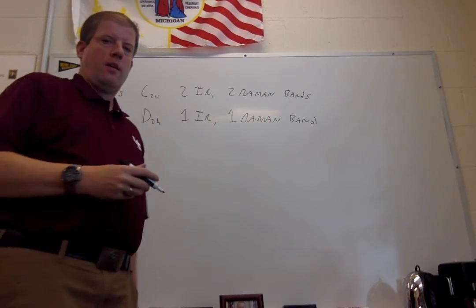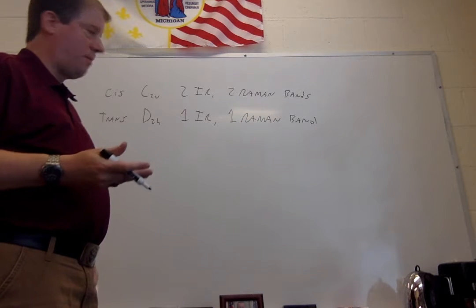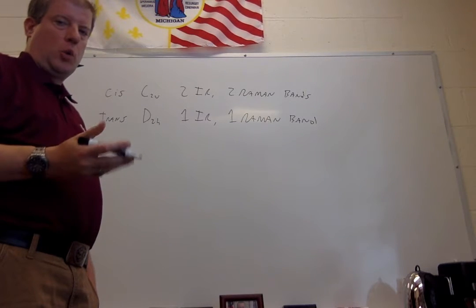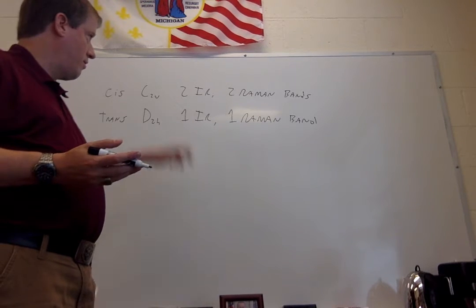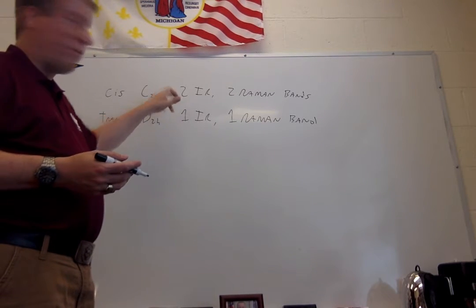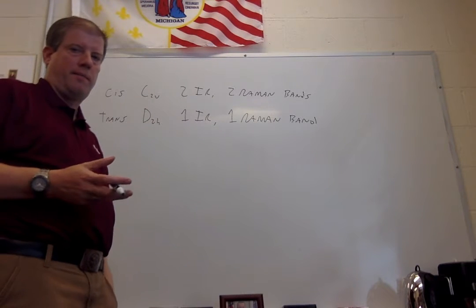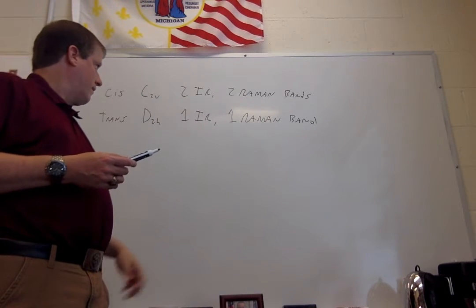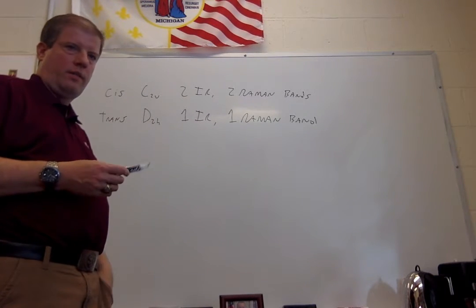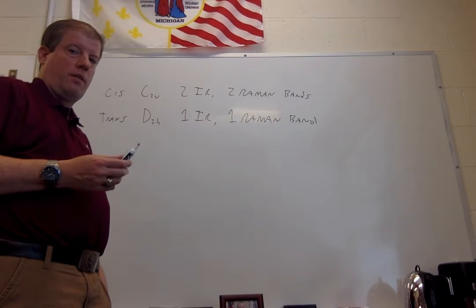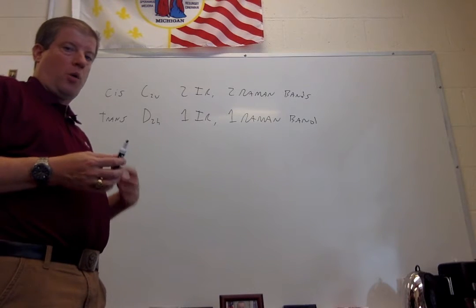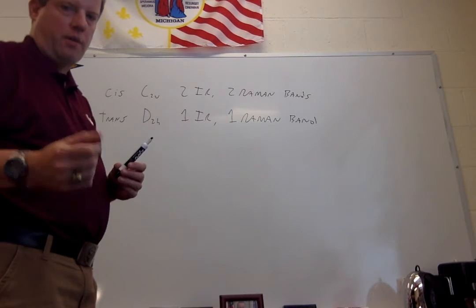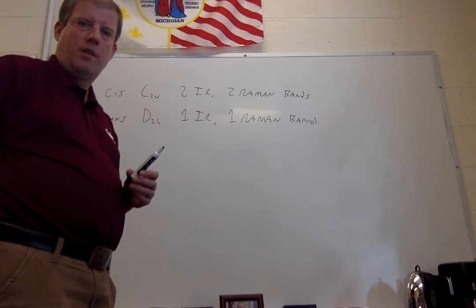So, by either type of spectroscopy, you could tell these two apart. In the infrared, you'd see 2 stretching frequencies. You would also see 2 stretching frequencies in the Raman. In the trans one, you'd see 1 band in the IR and 1 in the Raman, and therefore, if you had only one of the two, this would tell you what it was.